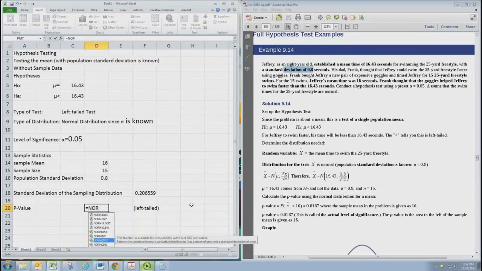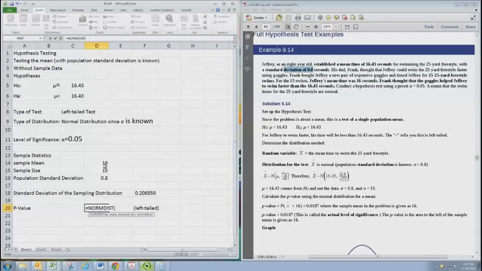So do norm dist, and then the mark off for the tail is going to be the sample mean. The mean of the sampling distribution is the hypothesized population mean, and the number that shows up in the hypotheses. The standard deviation is the adjusted standard deviation, the one for the sampling distribution, because that's where the p-value is represented. And in cumulative, we're going to use 1. So that gives us the left-tailed one.